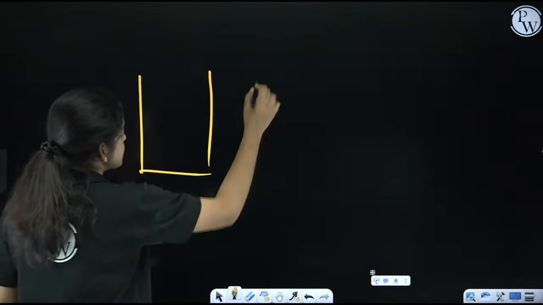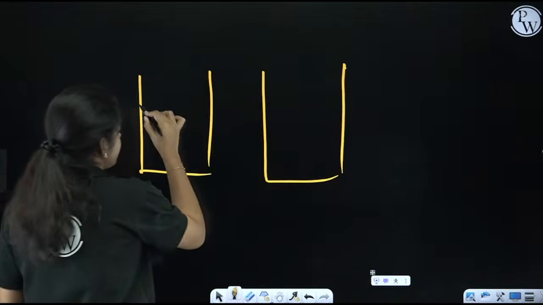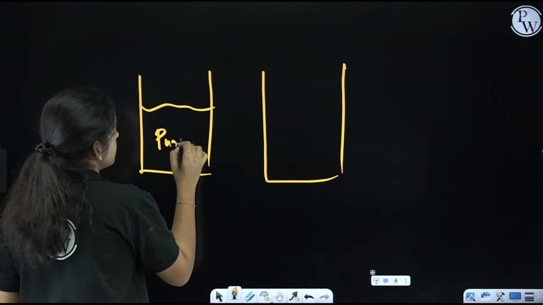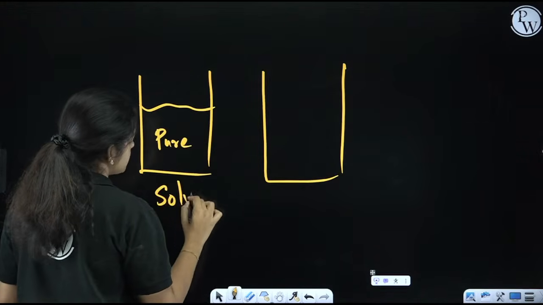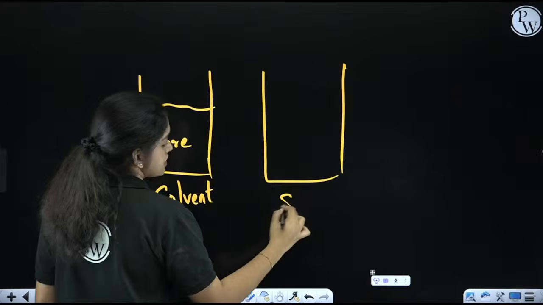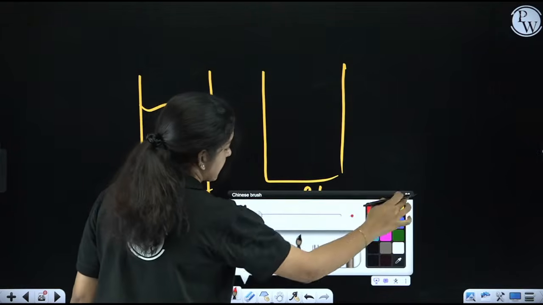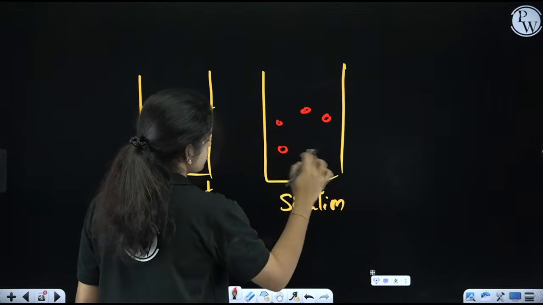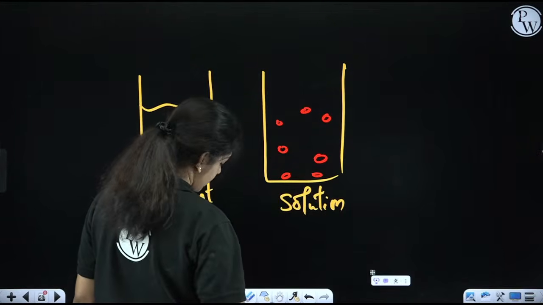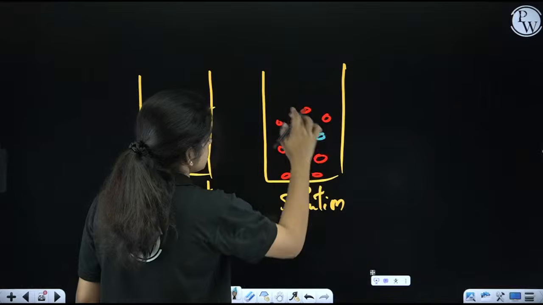So look here. We have two beakers. One beaker has only pure solvent, the other has solution. That means two types of molecules will be there, solute molecules and solvent molecules.